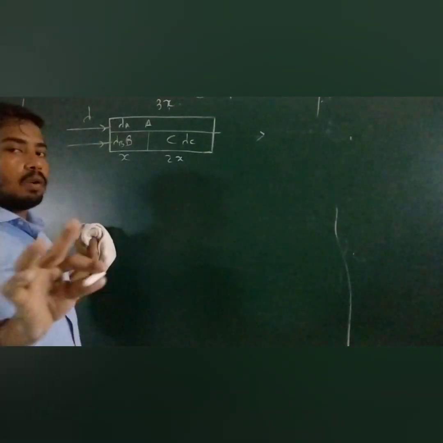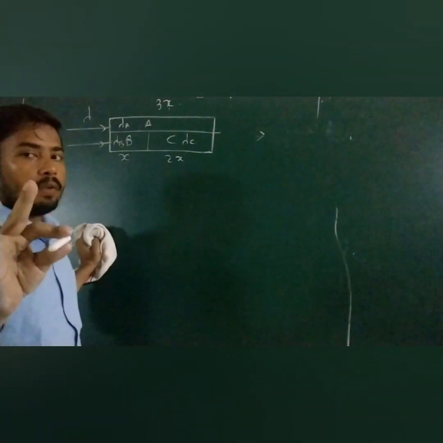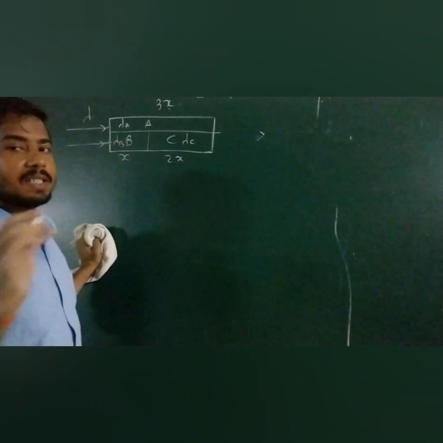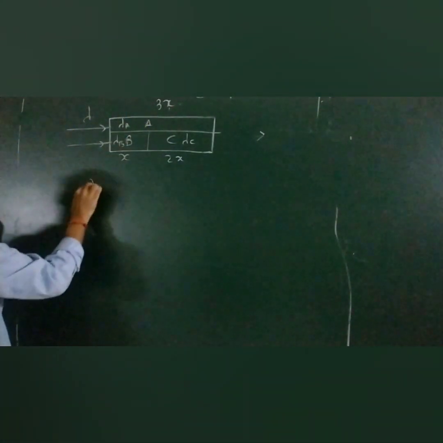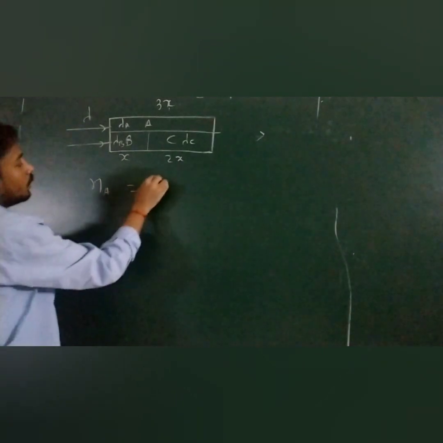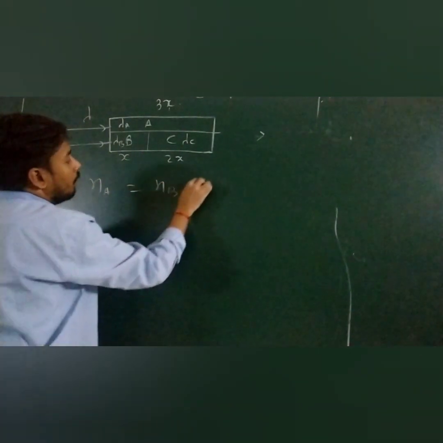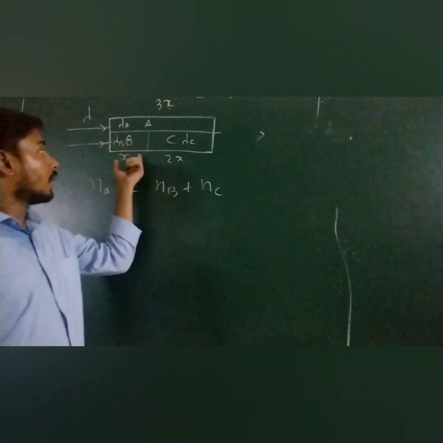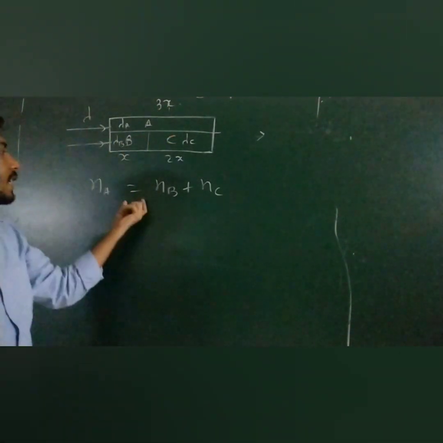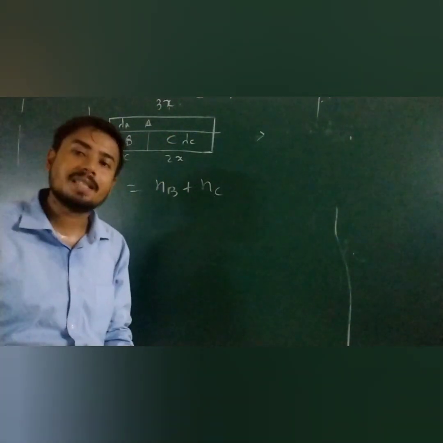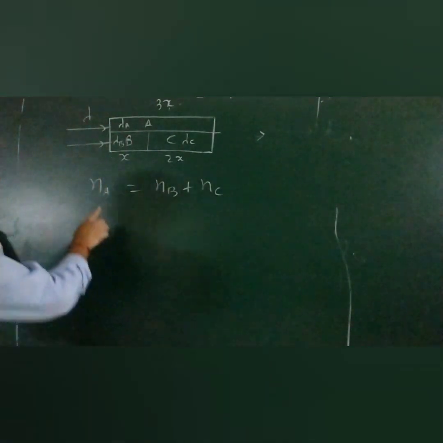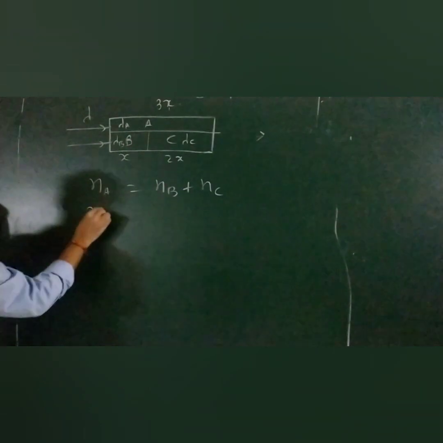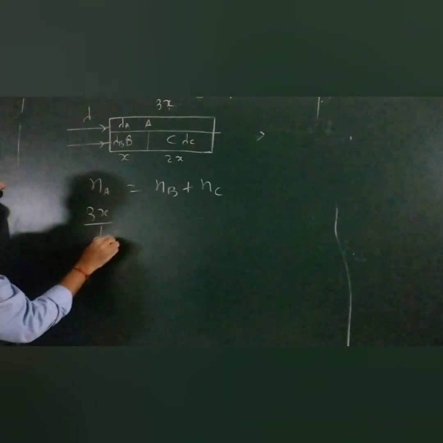According to the question, the number of waves in A is equal to the number of waves in B and C combined.